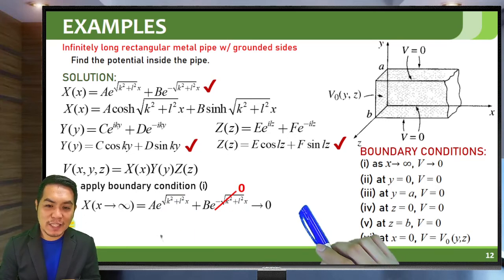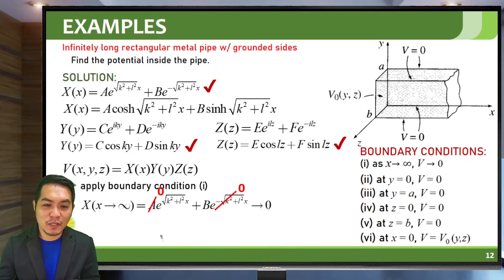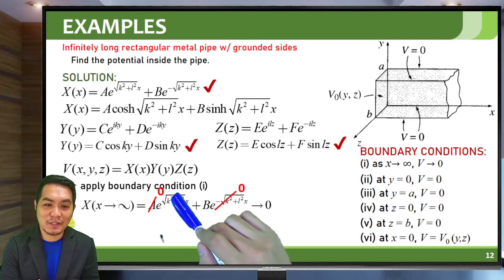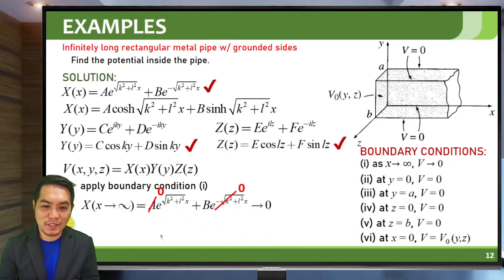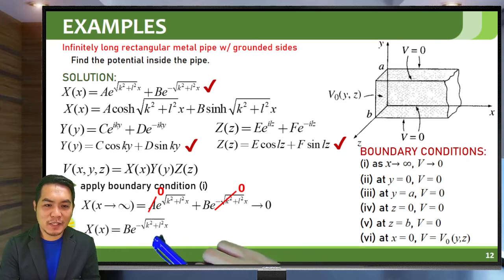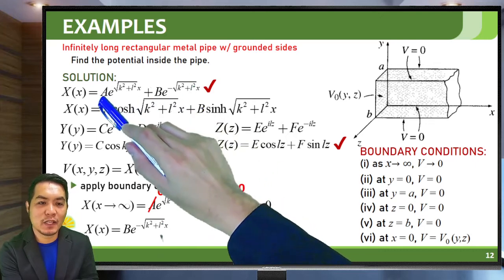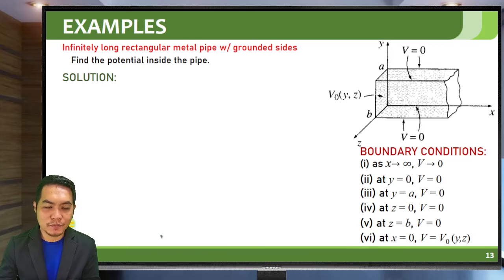So in order to satisfy the first boundary condition, we need to set A equal to 0, because unless A is 0, this term will blow up when x approaches infinity. Therefore, our x solution will be simplified into a single term, with A now equal to 0. We'll call that our equation 1.